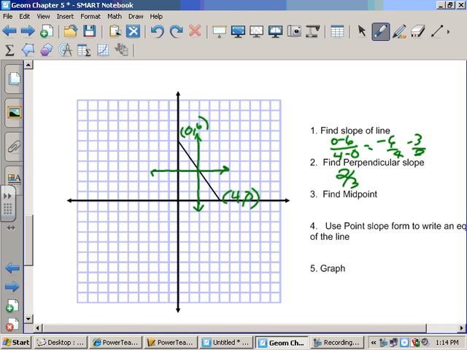I need to find the midpoint, so 4 plus 0 divided by 2 is 2, and 6 plus 0 divided by 2 is 3. So my midpoint is at 2, 3, right there. And my slope is positive 2 over 3. So I would go up 2, over 3. So my third line would go through there. All right, and there would be my circumcenter.